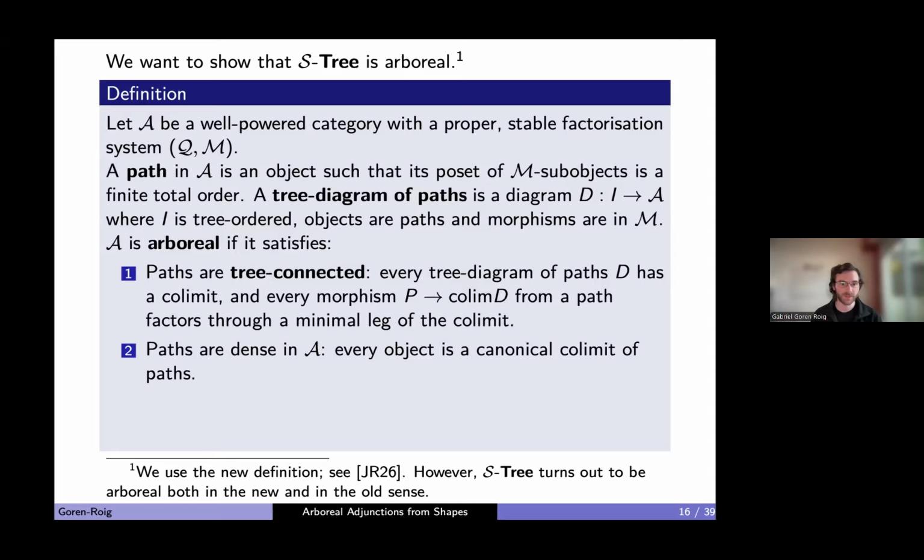So maybe to explain a little bit more for the people who haven't seen this definition before, what I mean is, given any object, there is a canonical diagram comprised of all the maps from all paths into this object. Well, this is actually a cone over a certain canonical diagram. And then the requirement is that this cone is universal. So the object is actually a co-limit of its own universal canonical diagram.